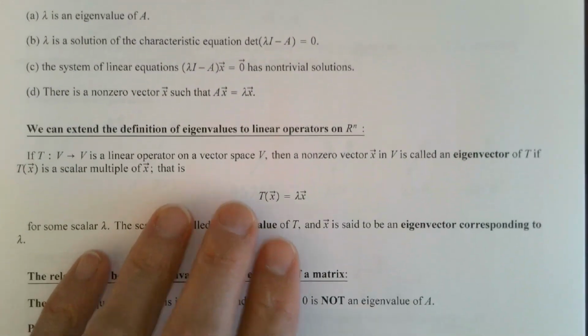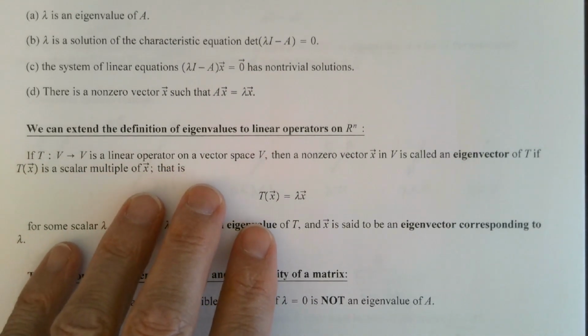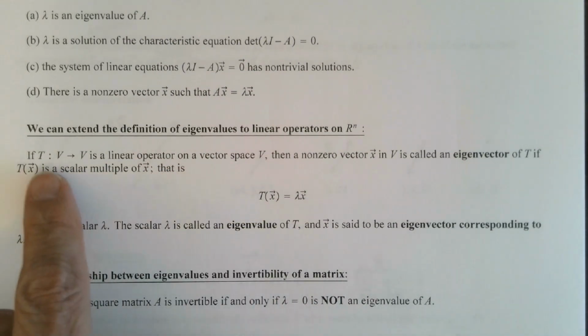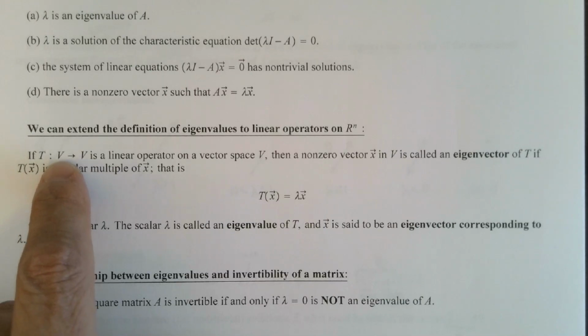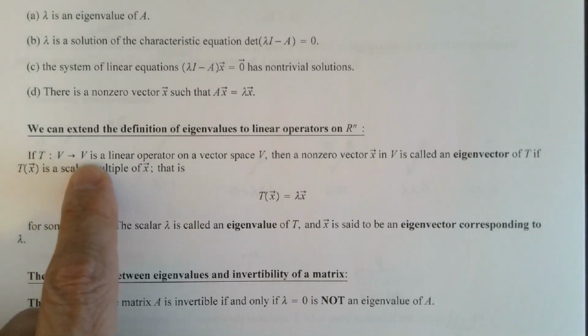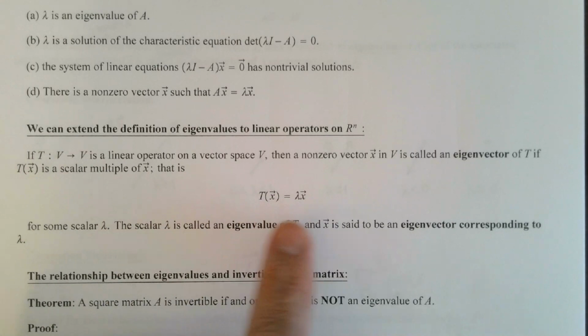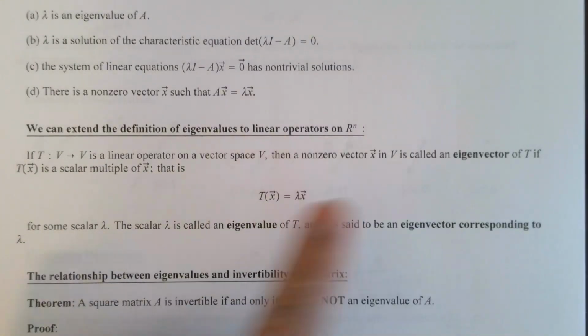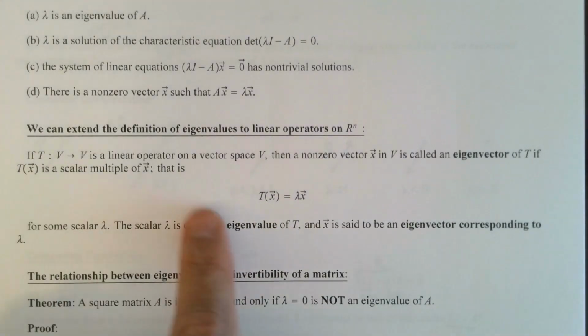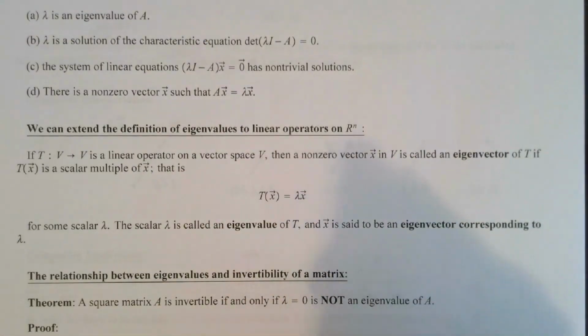And I hinted at this before too. We can also extend the definition of eigenvalues to linear operators. So if we have a linear operator T which goes from vector space V to V, then any non-zero vector x is called an eigenvector if T of x is a scalar multiple of x, so T of x equals lambda times x.